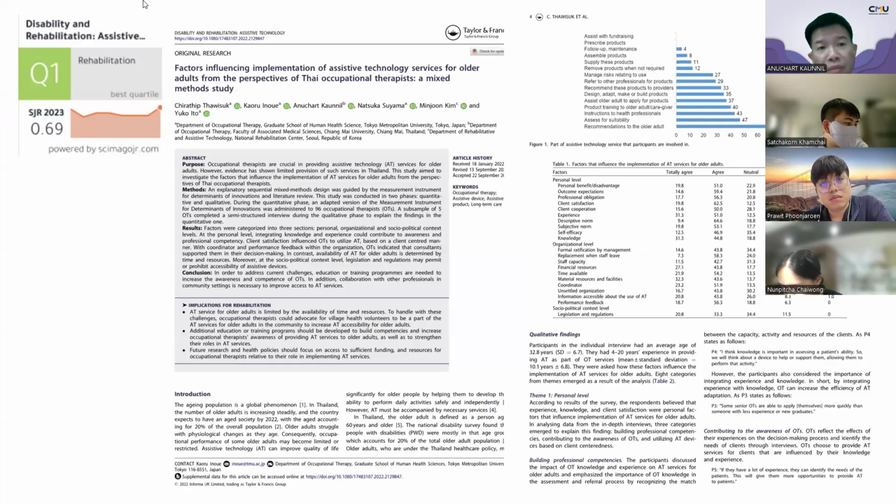Now he is going to Japan again to continue his PhD. At that time, he did his master's level in Japan. He studied there, but he collected data in Thailand. I was his supervisor in Thailand, and his main supervisor in Tokyo was Dr. Kauruk. We worked together to find out what is relevant about assistive technology for older people from the Thai occupational therapy perspective.